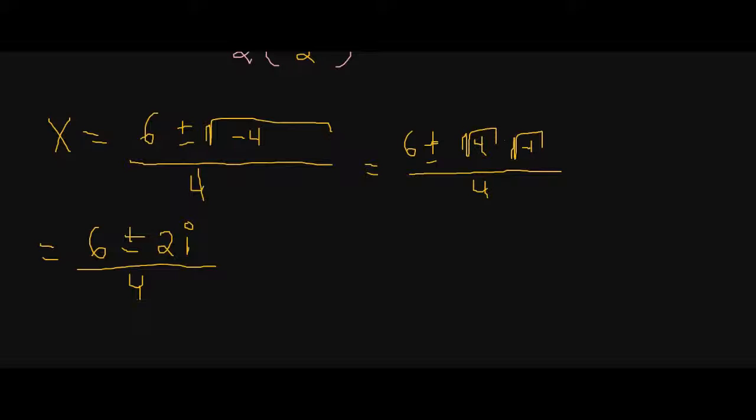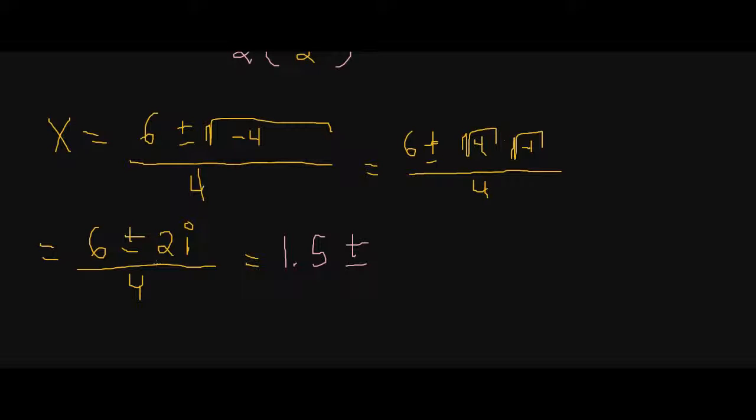Now we just need to simplify this further. What's 6 divided by 4? Well, 6 divided by 4 is 1.5. Then we get plus or minus, and we can't forget this part: when we divide the 4 into the 6, we still have to divide it into the 2 as well.